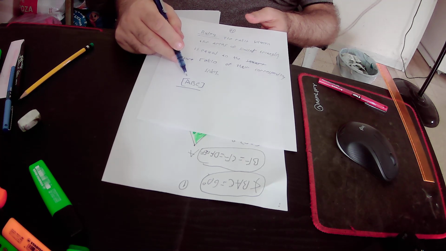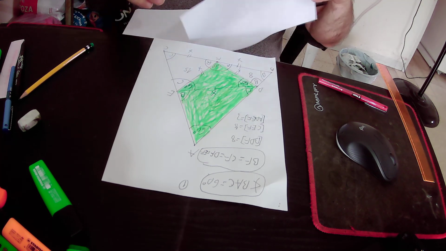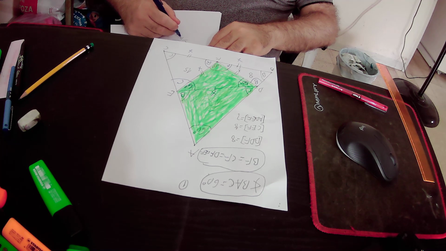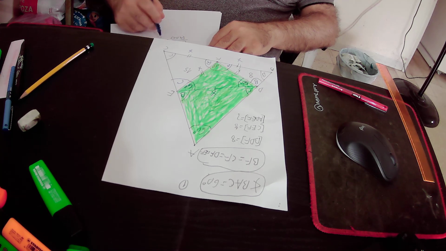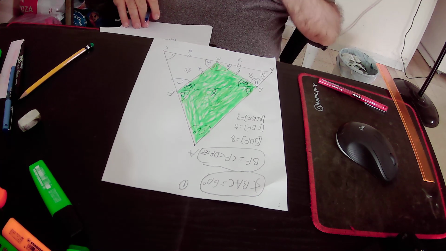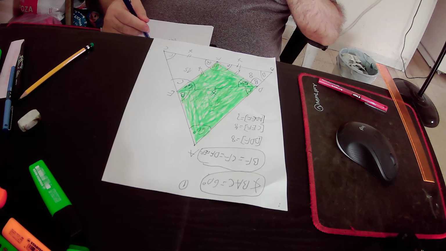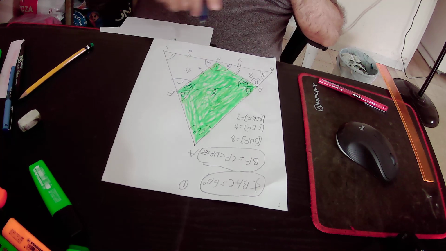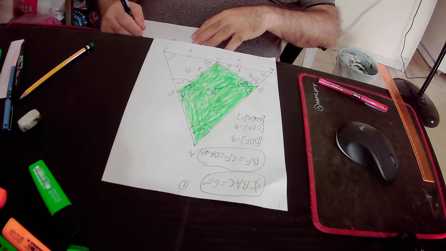Okay, the ratio between the area of triangle ABC to the area of triangle ADE is equal to the square ratio of their corresponding sides. So it is actually BC square over DE square.